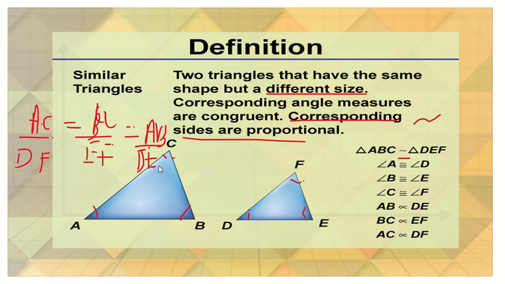So always it will be proportional. Proportional means their ratios will be equal, always a constant ratio. This is the thing you have to understand.